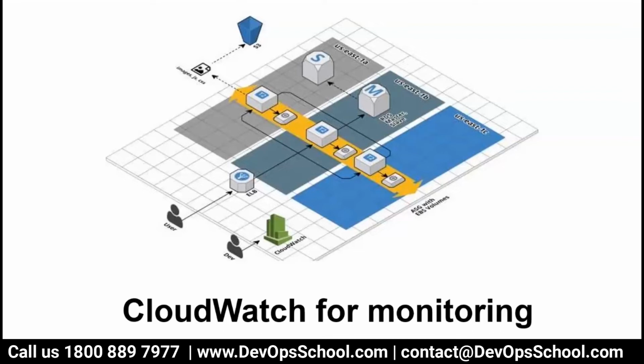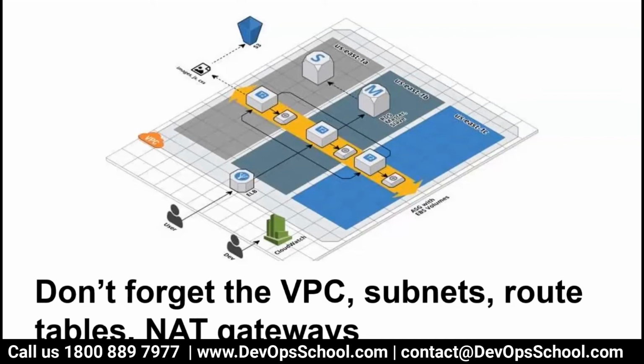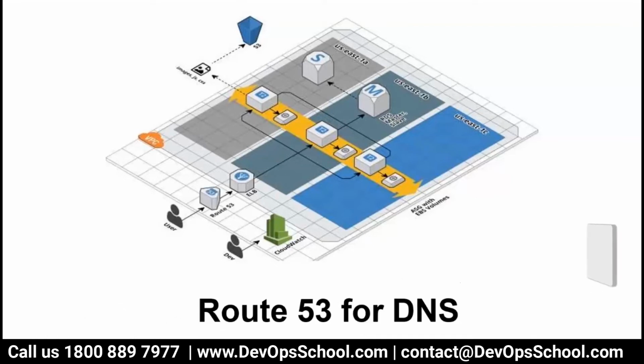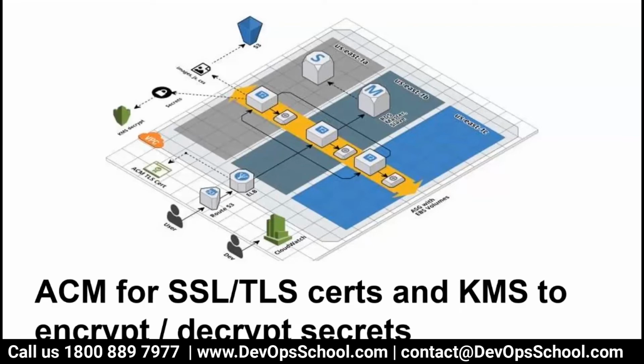So you did the monitoring setup also. Apart from that, you have to do many other things, like VPC, network, subnets, route tables, gateways, NAT gateways, and many more. Route 53 for DNS, which means domain services. You also did that. Maybe security: ACM for SSL/TLS certificates, KMS to encrypt and decrypt secrets, and stuff like that.